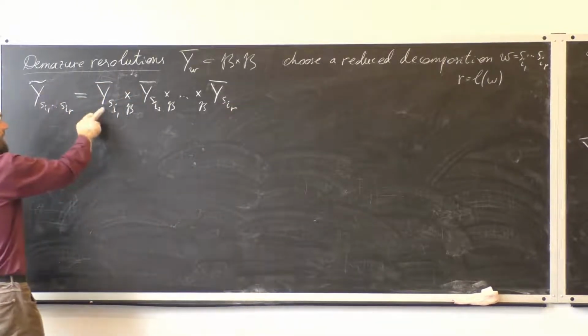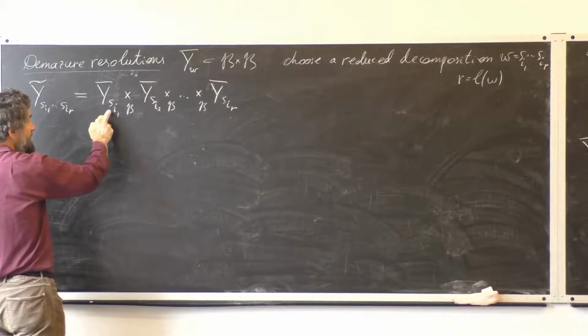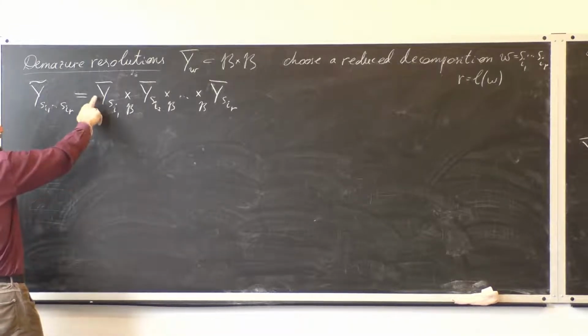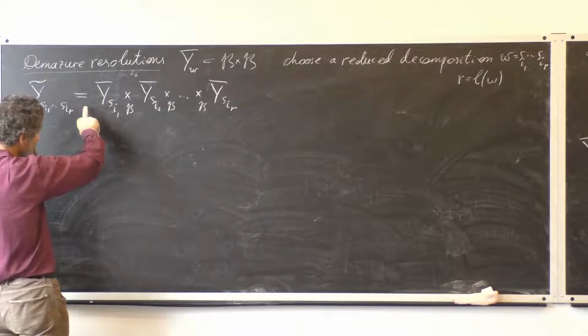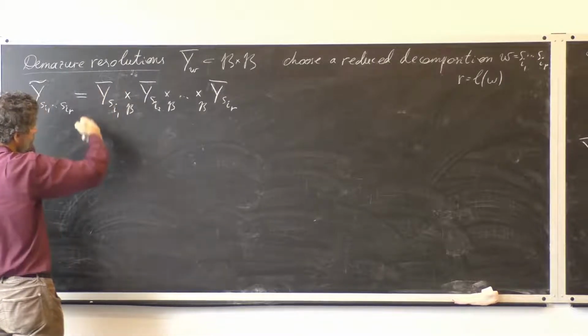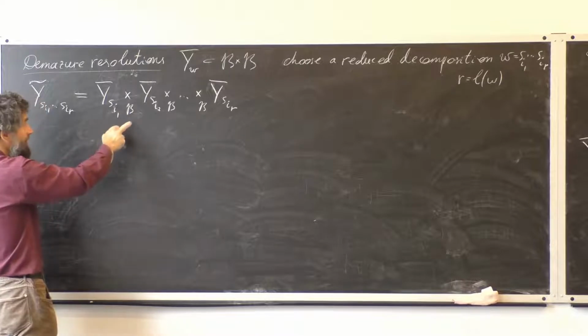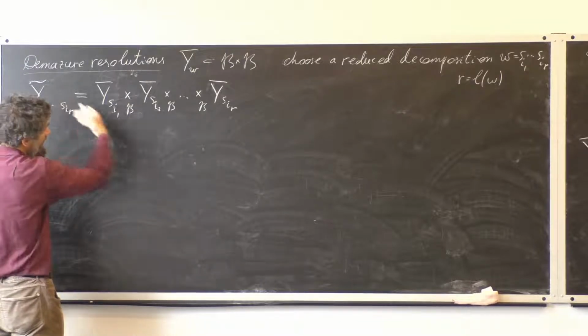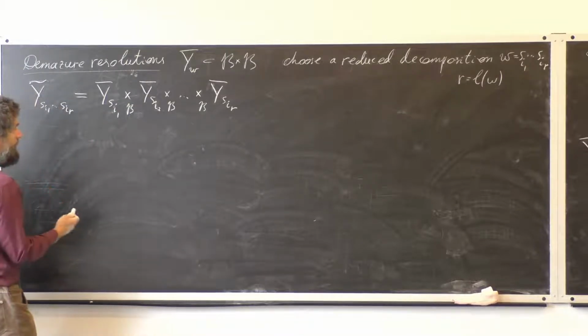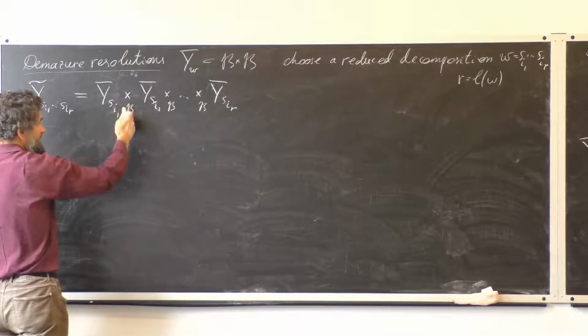You remember that for simple reflections, orbit closures were smooth. They were just P1 bundles over the flag variety, both with respect to the first projection and the second projection. So this is smooth.